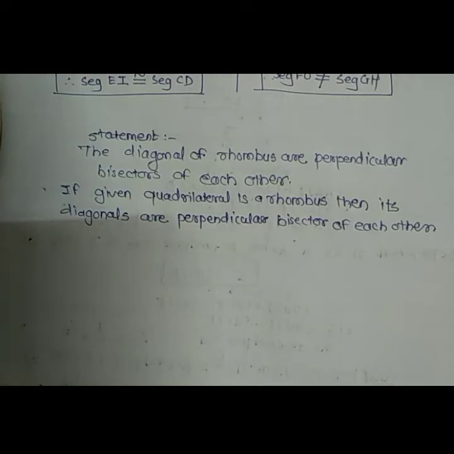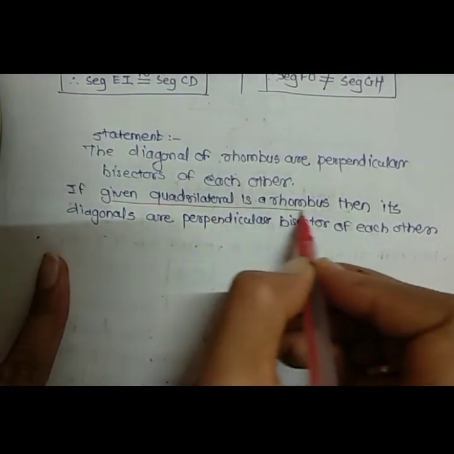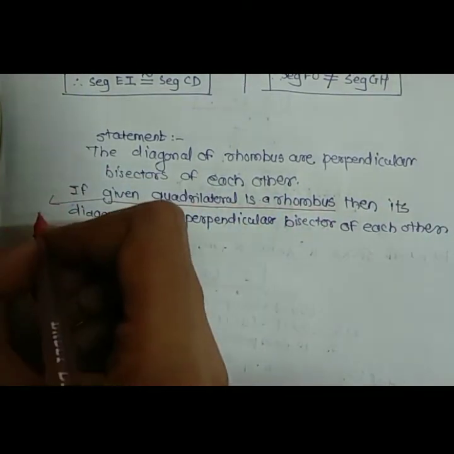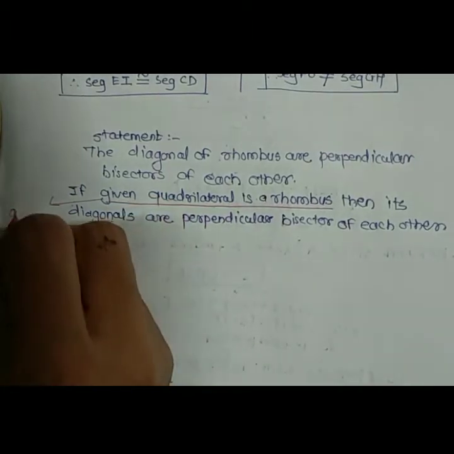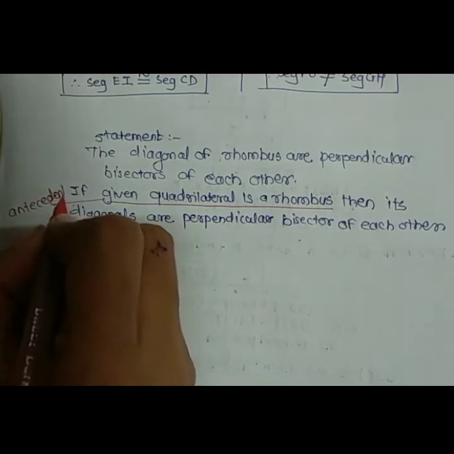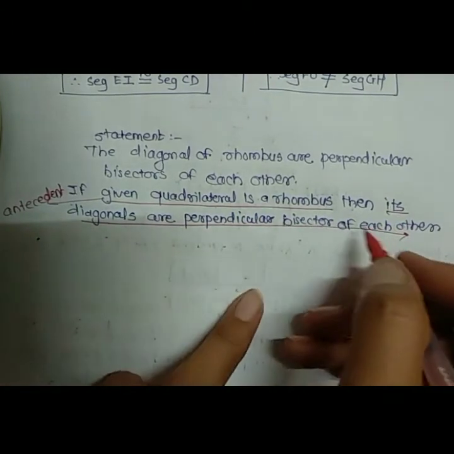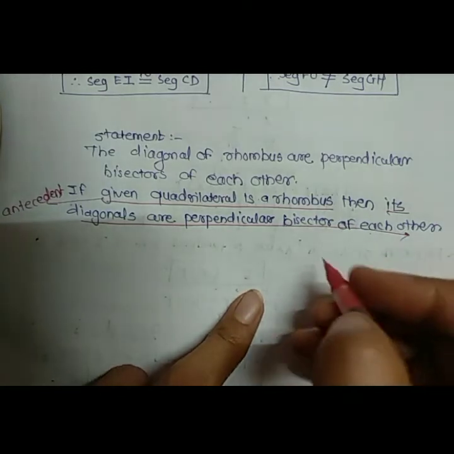Here, if the antecedent and consequent in the given conditional statement are interchanged, see here: the part after if is called antecedent, and it means the given quadrilateral is a rhombus is the antecedent, and the part of then is called consequent.